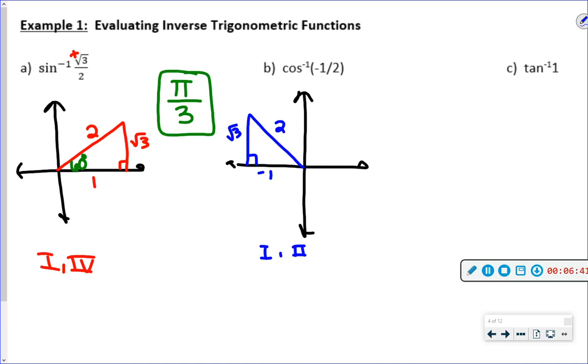You already told me across from √3 is 60. Now, final answer though, obviously not 60, that would be in quadrant 1. We have to measure from 0 around. You're 60 short of 180, 120, which is what in radians? 2 pi over 3.